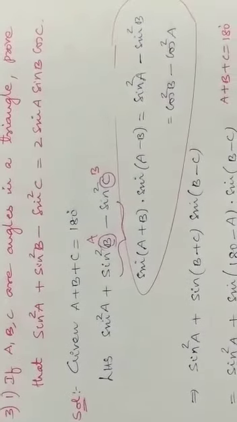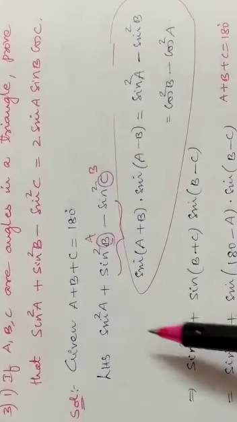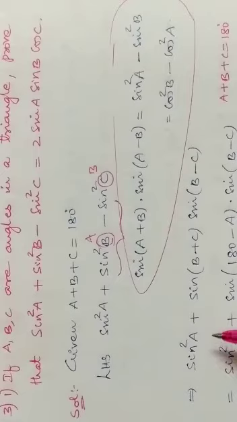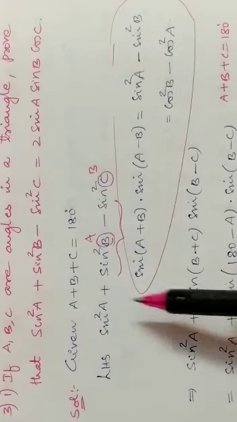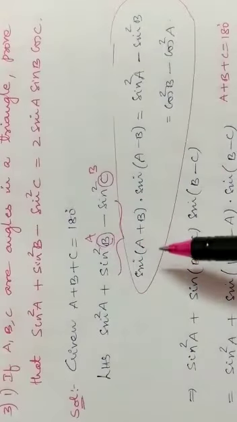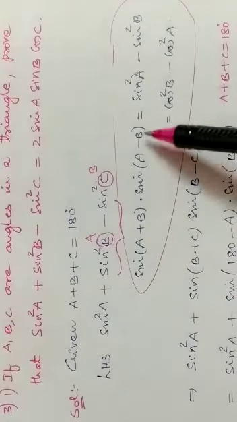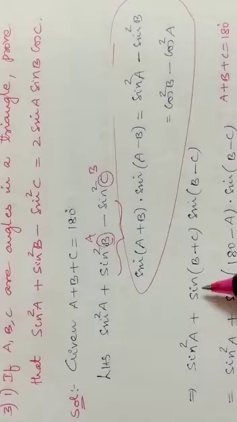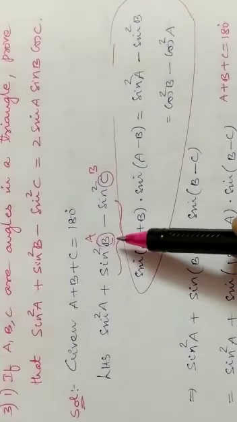I am not disturbing the first term sin²A. The same I have written, sin²A plus, you are having plus. The sin²A minus sin²B formula is sin A plus B into sin A minus B. So what is A?